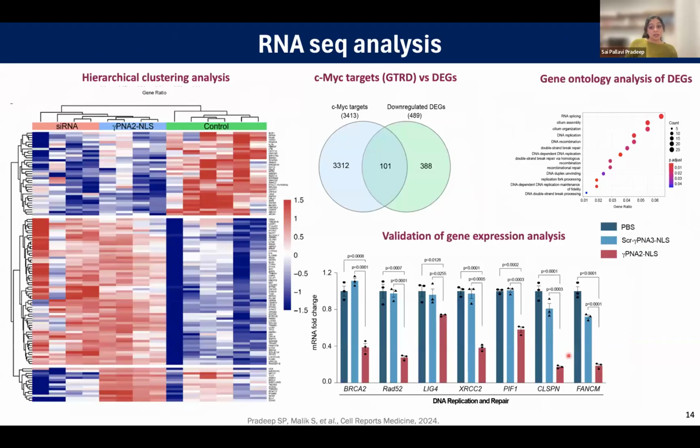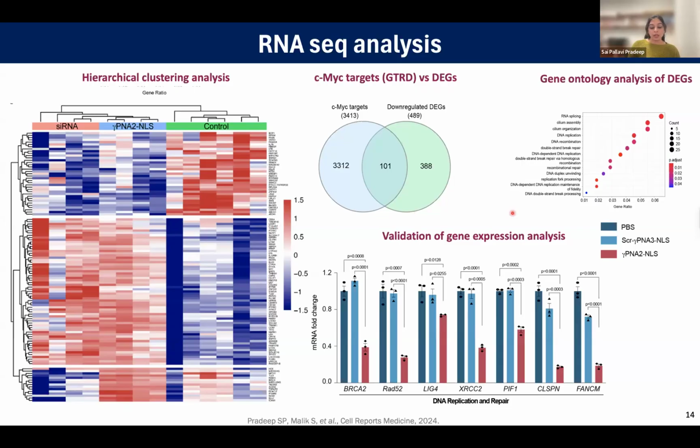Now, since c-Myc is a transcription factor and it has an impact on a lot of different genes, we used RNA sequencing analysis to have a look at the transcriptome of these cells after we treated them with the PNA. We also used an siRNA control and we compared how the silencing effect was in both these groups.